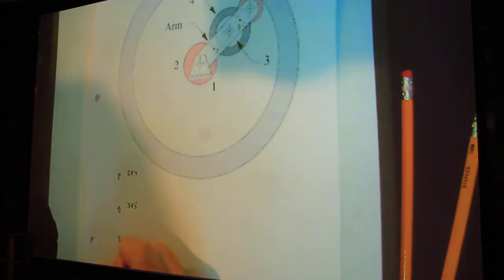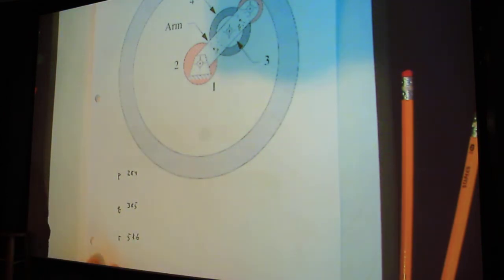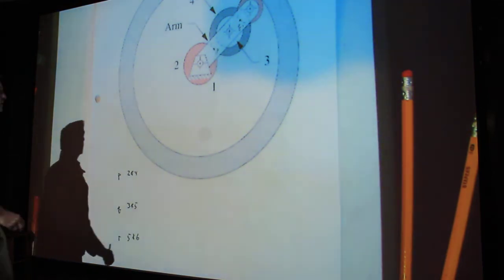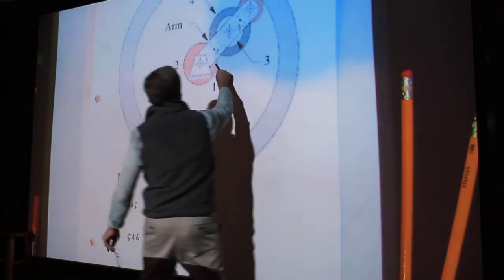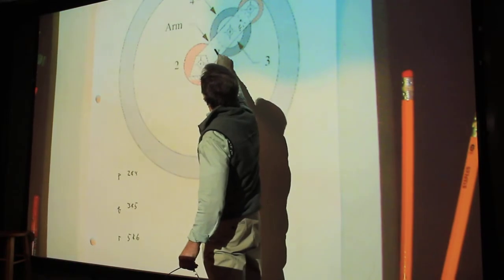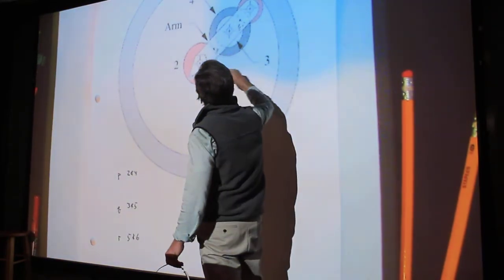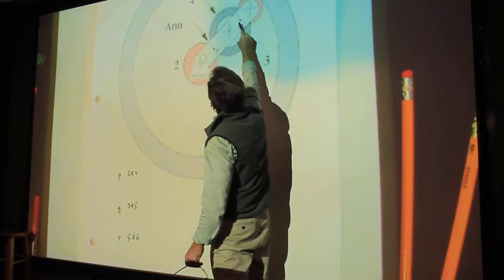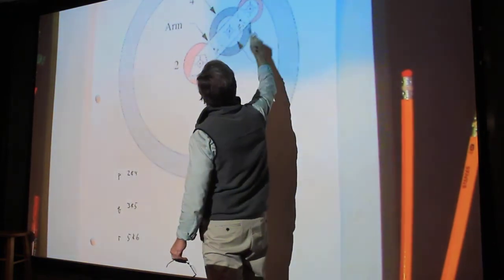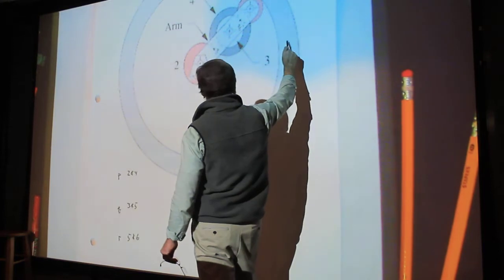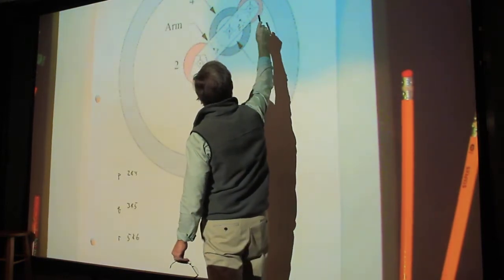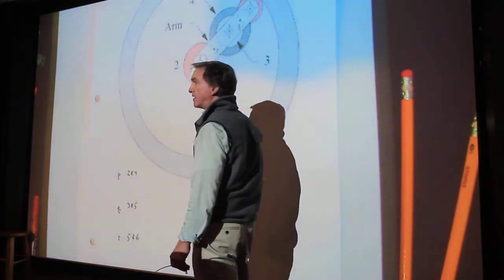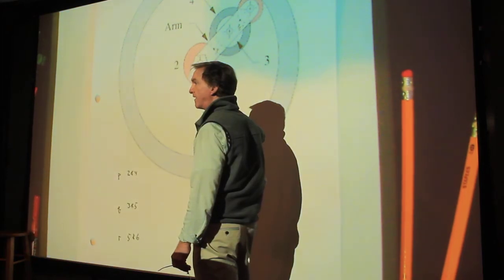And R is at the join of 5 and 6. Okay? So where 2 and 4 are meeting, that's where P is. Where 3 and 5 are meeting, that's where Q is. And where 5 and this, called 6, I guess, are meeting, that's where R is. Does that answer your question? Yes.